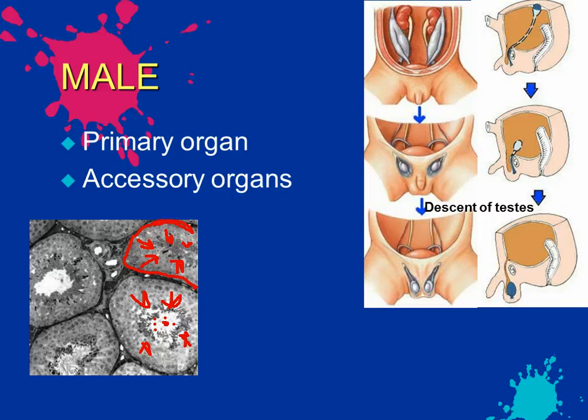Okay, the view on the right, you're looking at the development of the testes in the fetus. This requires a little bit of estrogen. Remember that some estrogen is made by the adrenal glands in the fetus. The testes are not making estrogen because the testes are still immature. But if you look, right there, this tissue actually becomes both ovaries in the female and testes in the male.